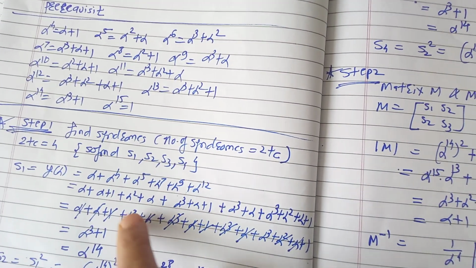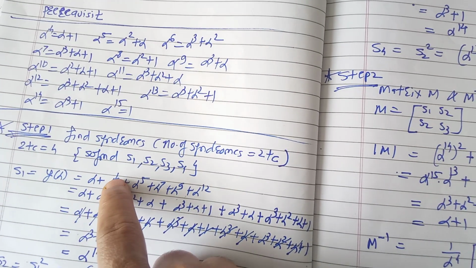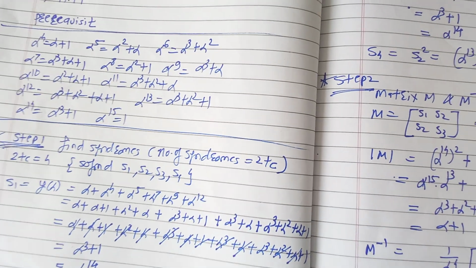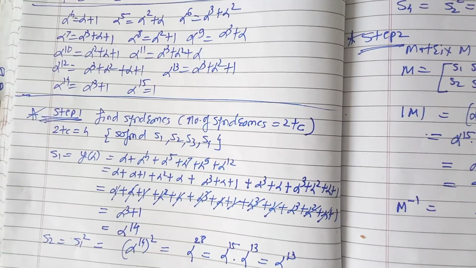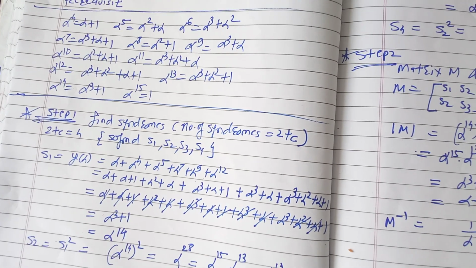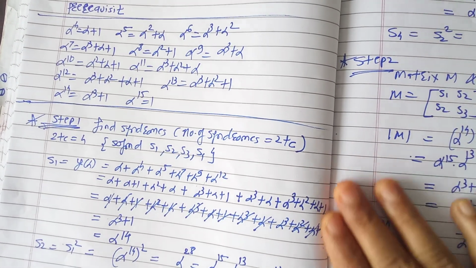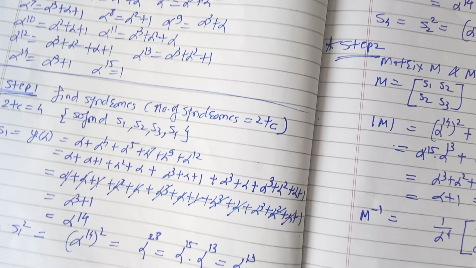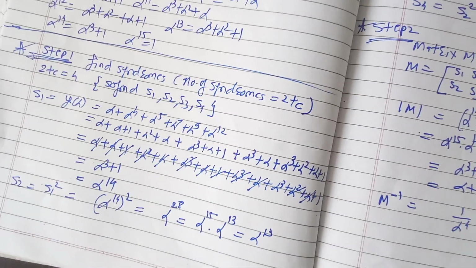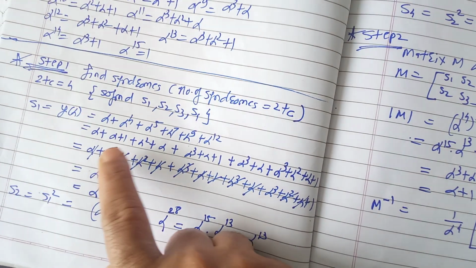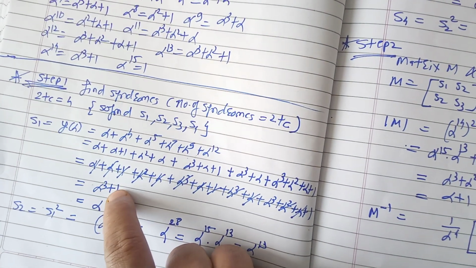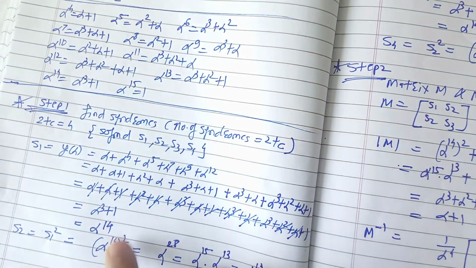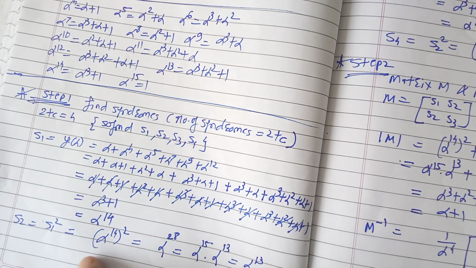So alpha is cancelled with alpha, 1 is cancelled with 1, likewise. Why are we cancelling out similar terms? Because in binary addition, or XOR, 1 plus 1 is equal to 0. That's why we cancel similar terms. So S1 you will get as alpha cube plus 1, and alpha cube plus 1 is nothing but alpha 14. So S1 is alpha 14.